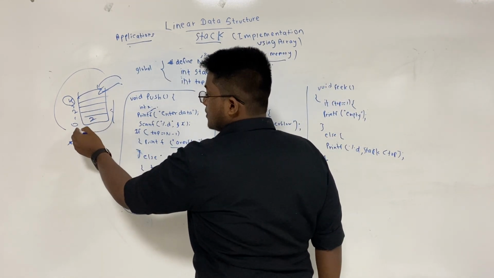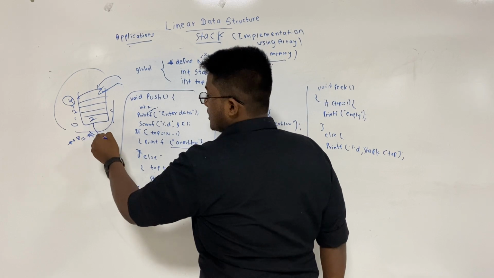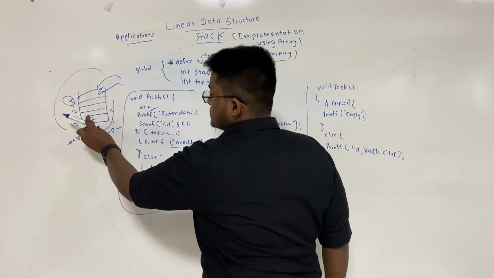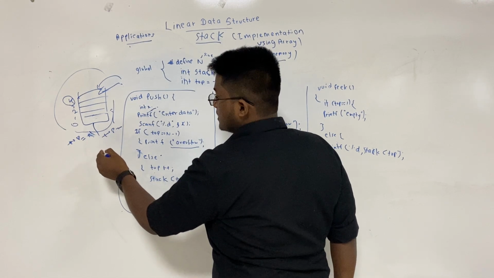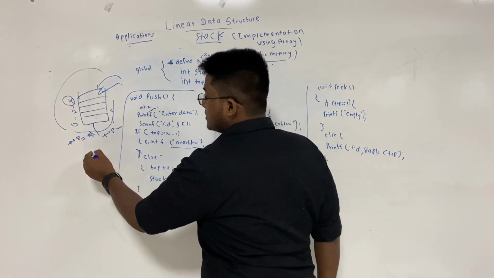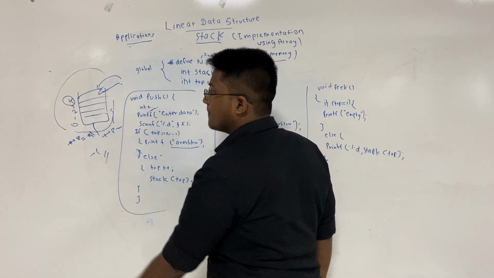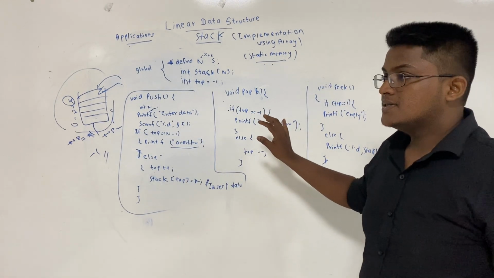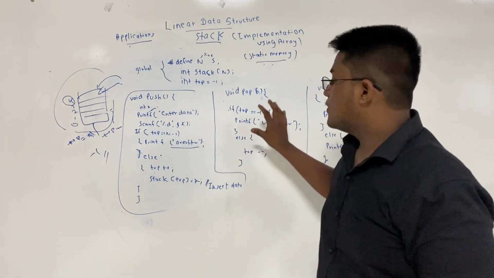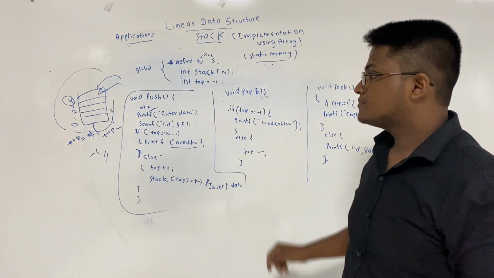Now here top is 0. When you do top minus minus, this 2 will go out, and the top will again become minus 1. Now this stack is empty. This is the way you do the pop operation.